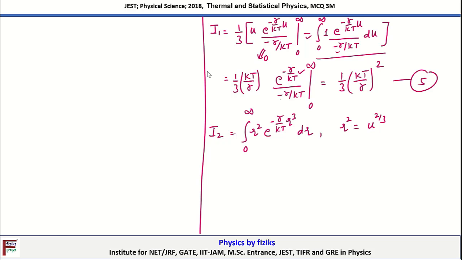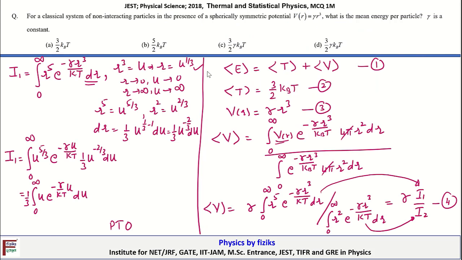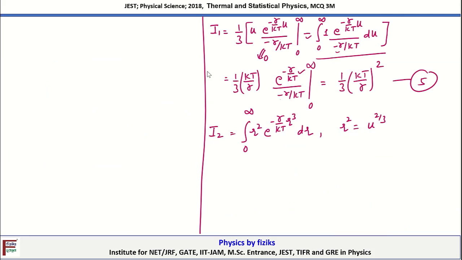As r goes to 0, u goes to 0, and as r goes to infinity, u also goes to infinity. Okay, so this is further equal to the integral from 0 to infinity of u^(2/3) exponential minus gamma upon kT u and then dr, which is equal to 1/3 u^(-2/3) du.